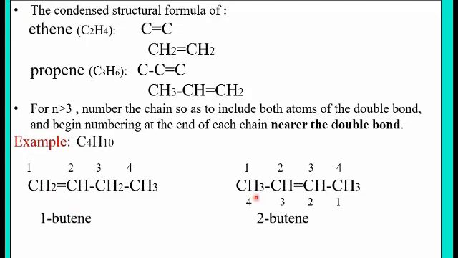We must take the longest chain 1, 2, 3, 4, and begin numbering nearer to the double covalent bond, so I can number from here or from there because the double covalent bond is in the middle of the chain. So the double covalent bond is on the second carbon atom. The nomenclature is 2-butene.